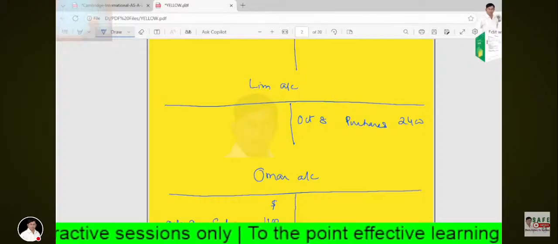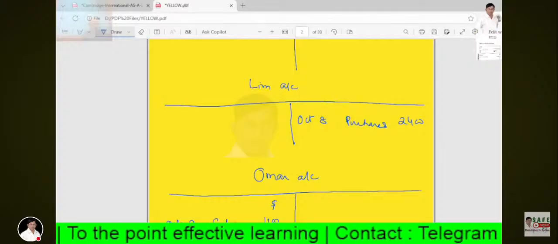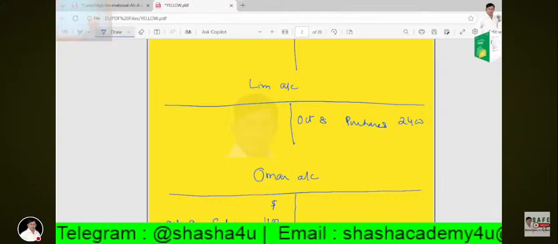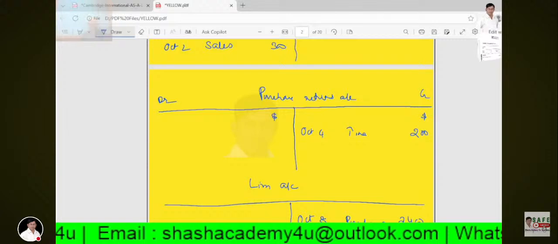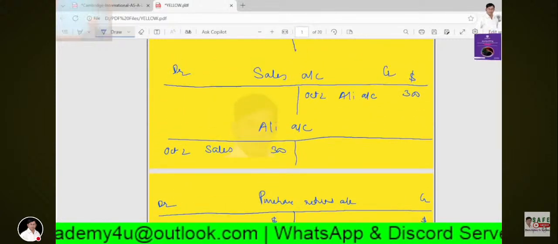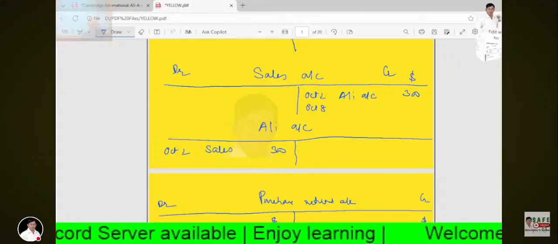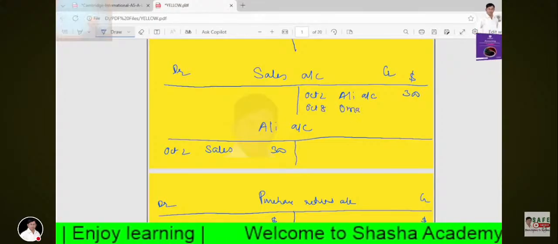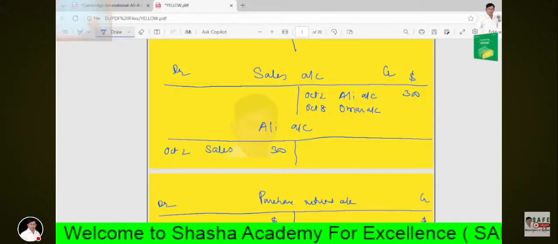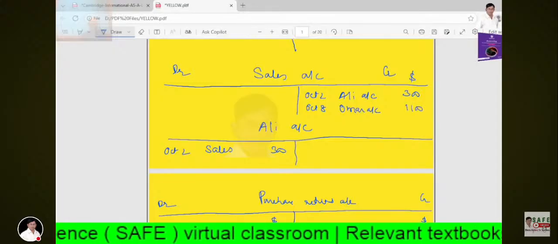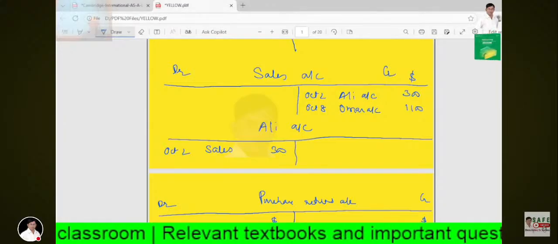Owner account is debited with sales 1100. Sales account is already there, so we write it in sales. Owner account, October 9, 1100. Is it clear? This is how it is. Okay, so next.